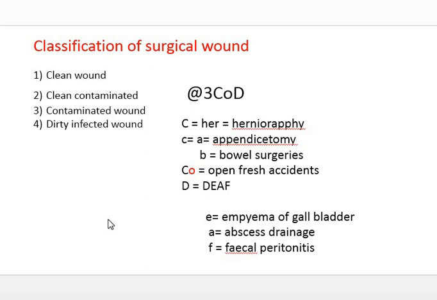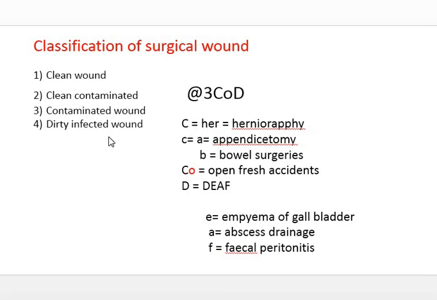Now let's revise it once again. There are 3 C's. In the 3 C's, the first C is called her. Her is a pronoun for C, so we can say that C is herniorrhaphy.